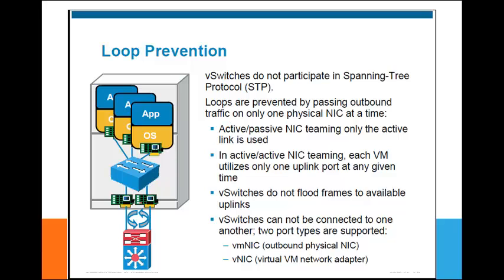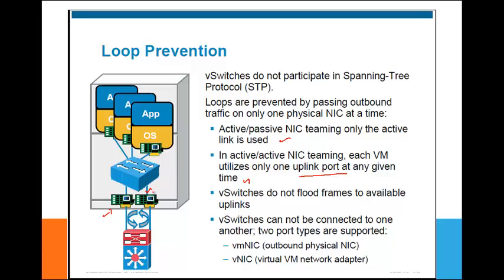We have two NIC cards. Only one is active, the other one is passive. So using the active NIC card, the frames will be forwarded. Only the active link will be used. So with NIC teaming, each VM utilizes only one uplink at a given time. So the time matters here: at what time it comes and which is active at that particular time.